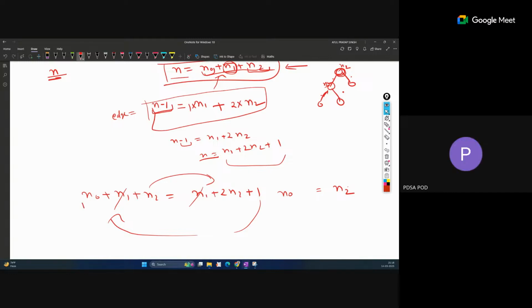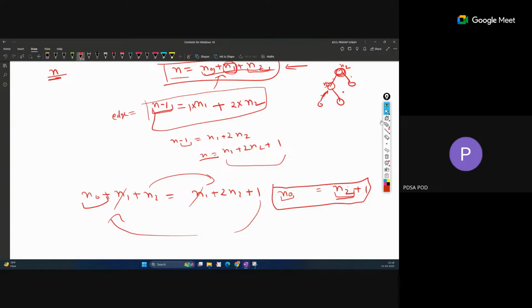Okay, yeah. So n0 equals this, and n2 will reach here. So yeah, that is correct. This is actually what we are trying to prove. So that means the number of leaf nodes will always be one more than the number of nodes with two children. So this is the true condition for every tree.